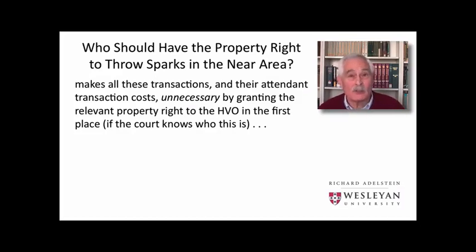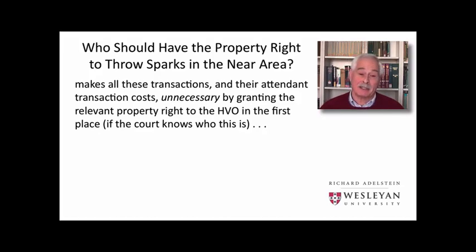And so Posner, in this case, would agree with Holmes by saying if transaction costs created by the holdup problem are so large that the transactions that would be necessary to move property rights from the lower valuing LeRoys to the higher valuing railway would not be undertaken, then efficient allocation can only be realized if the court grants the relevant property right to throw sparks into the near area of LeRoy's yard to the railroad company.